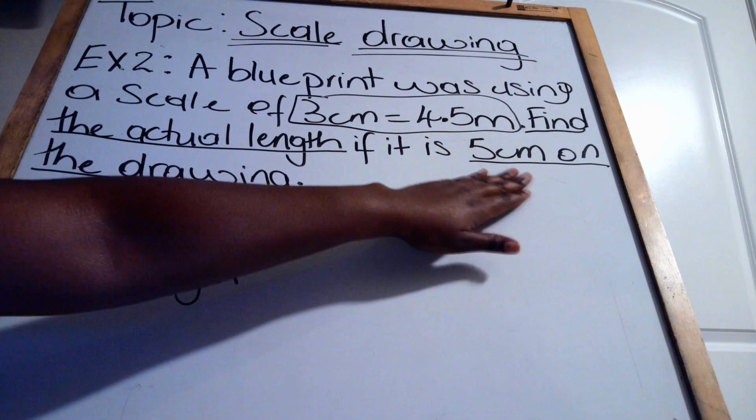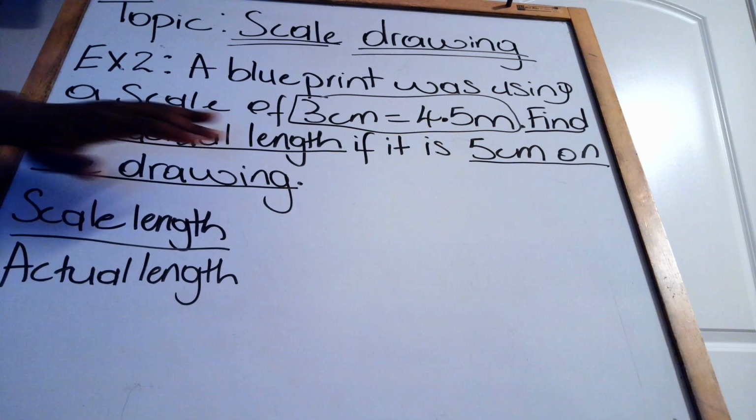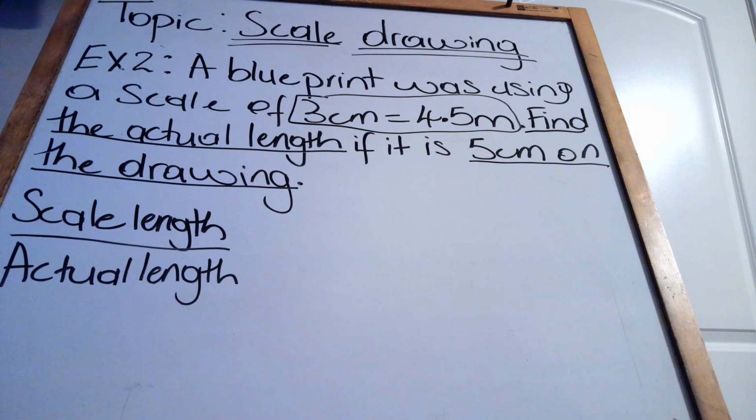So this is saying 5 centimeters on the drawing. We want to find what it is in real life. Remember, once we're solving, it is always the scale length over the actual length.